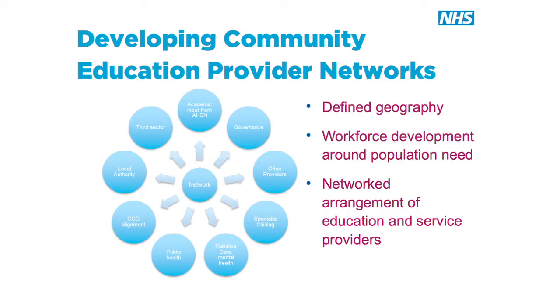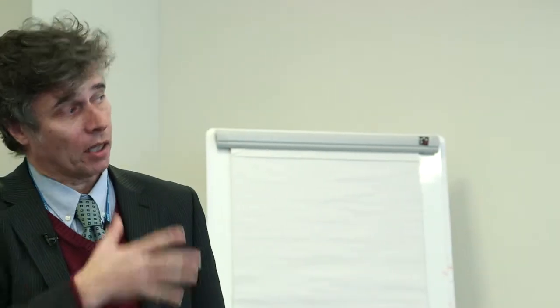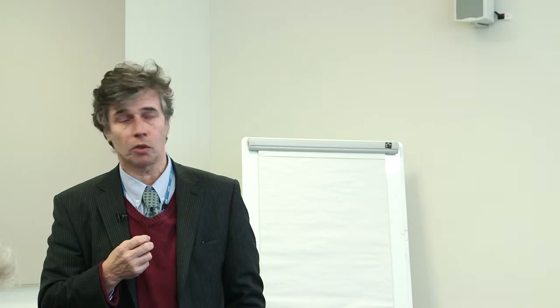But you can see the providers, both of education and service, that are part of the network as it's displayed there. It's a defined geography, as I've said. It's about workforce development targeted towards the needs of that particular population. And like I just said also, it's a networked arrangement of those particular individuals.